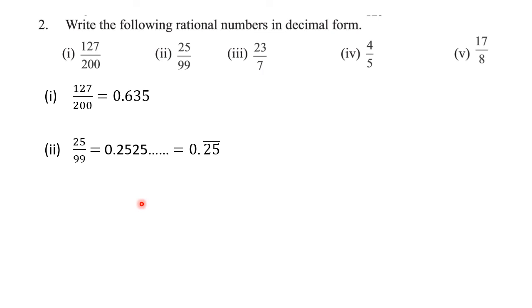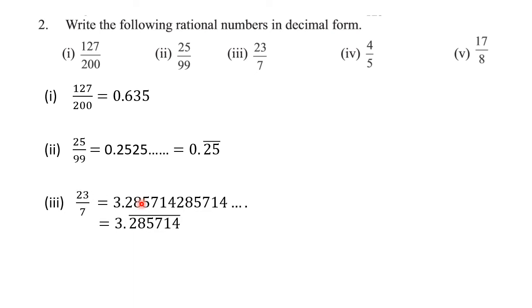Okay, you will find that again it is recurring after these 6 digits. See, 3.285714. This complete set of 6 digits is recurring again and again. So we can write it as 3.285714 recurring.